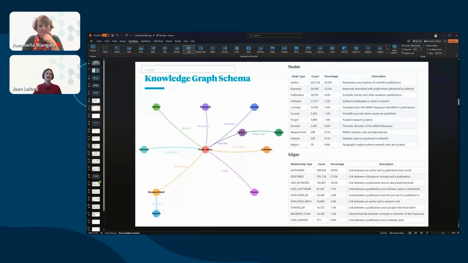And then we took all the leaves of these tree-like structures with the definitions and called them concepts. The other ones are pretty self-explanatory. Software is the software used in the scientific publications. Datasets are the different data used in the scientific publication.